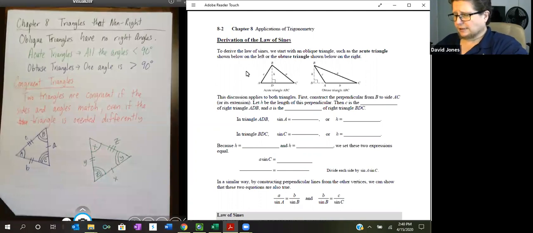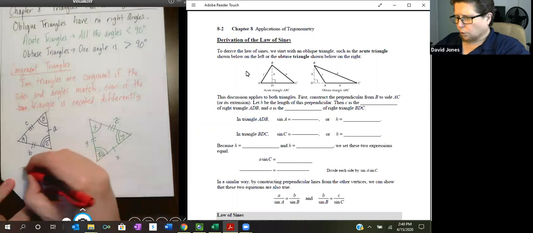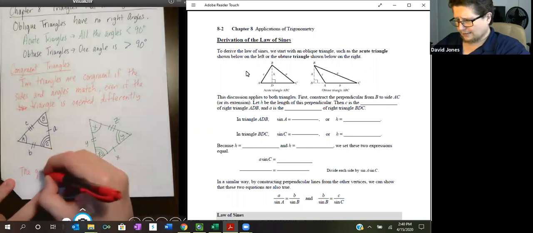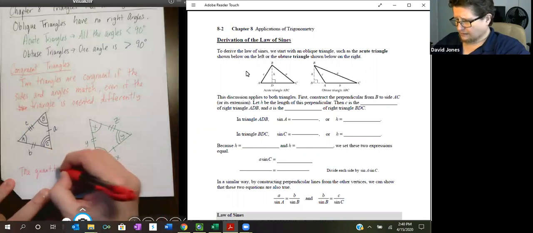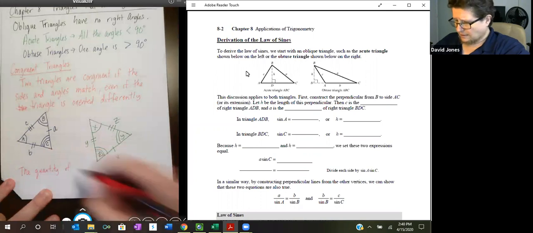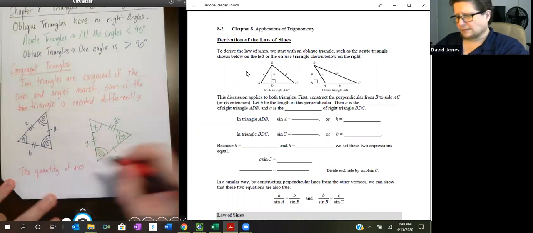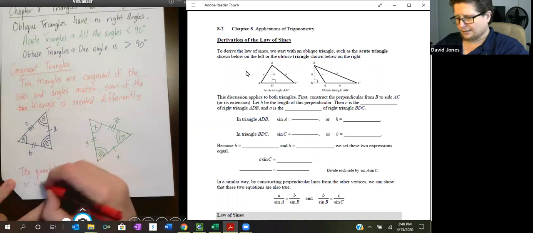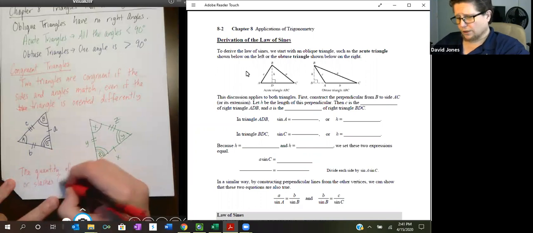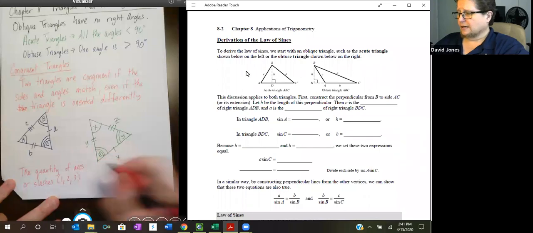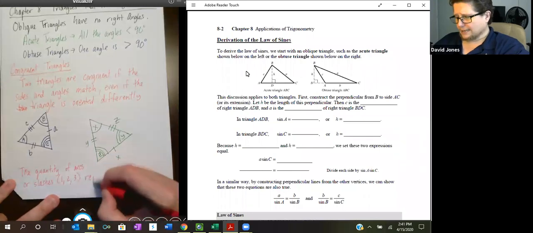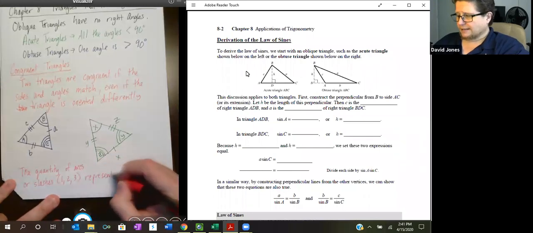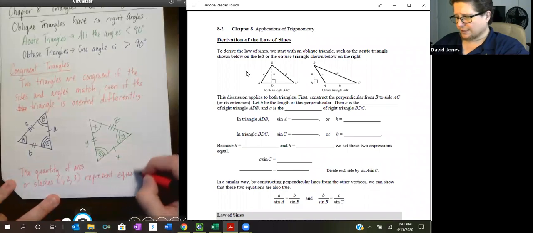The quantity of arcs or slashes, so 1, 2, or 3, represent equal angles or sides.